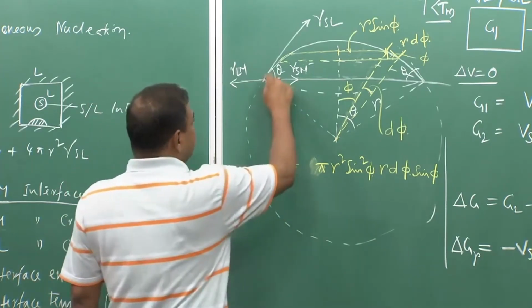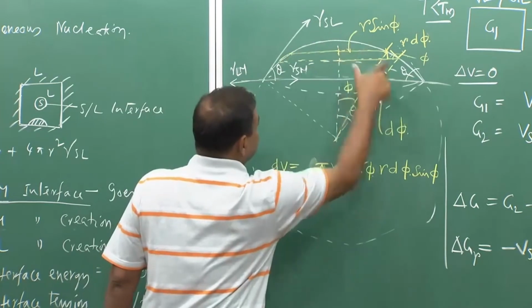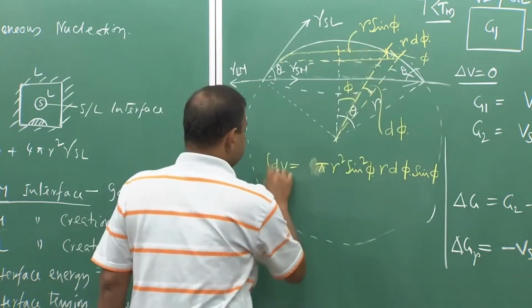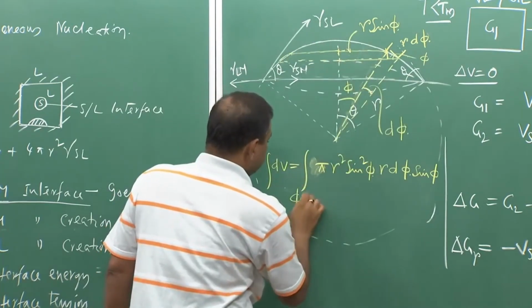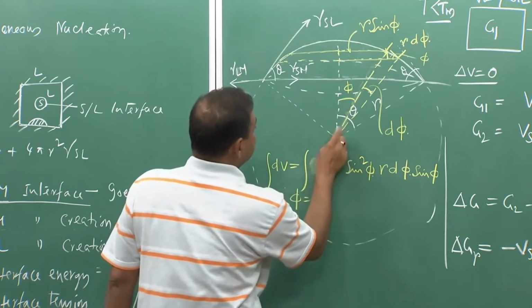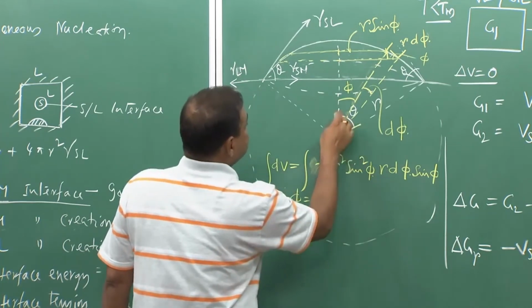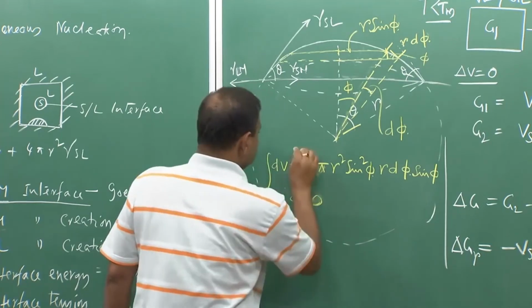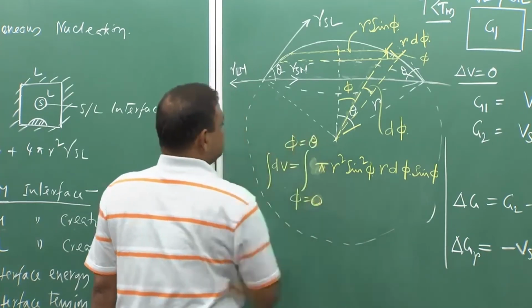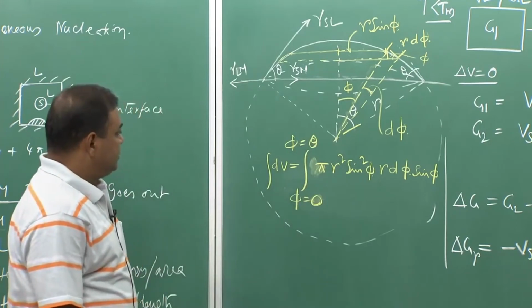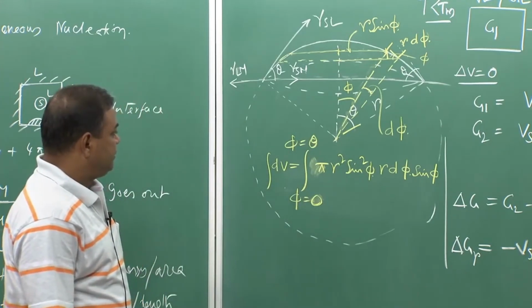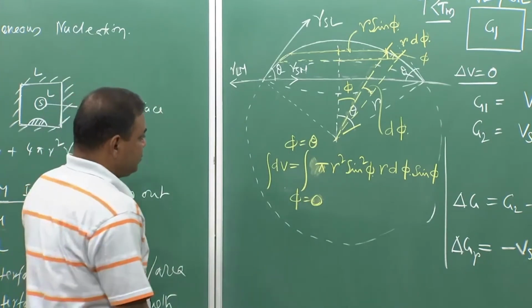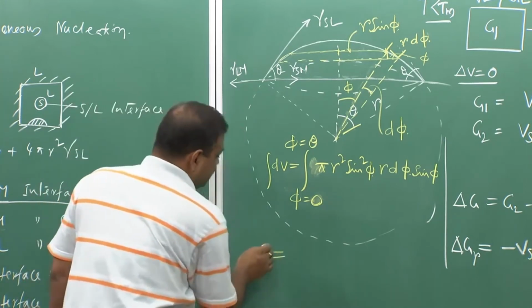In order to find the total volume of this particular section, I will just have to integrate over phi equal to 0, that means from here to this portion, so phi equal to 0 to phi equal to theta. If we solve this, we would get the expression.